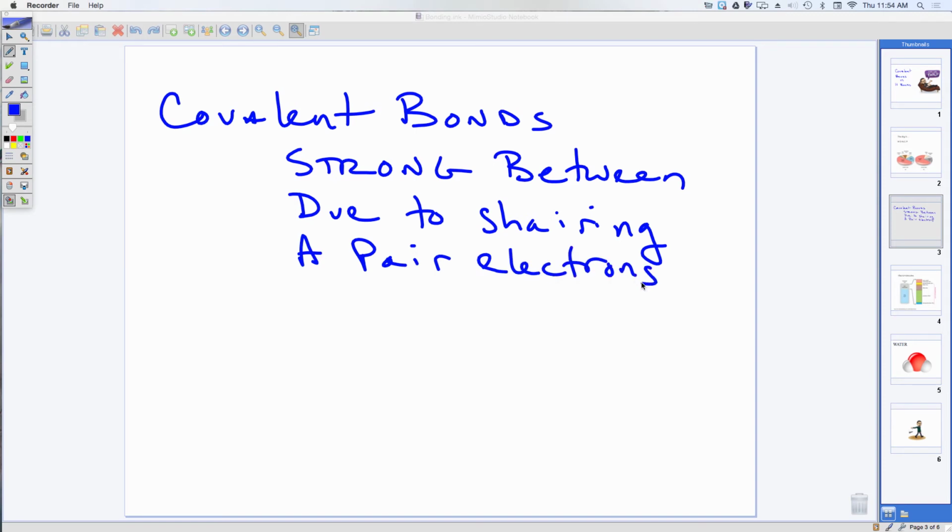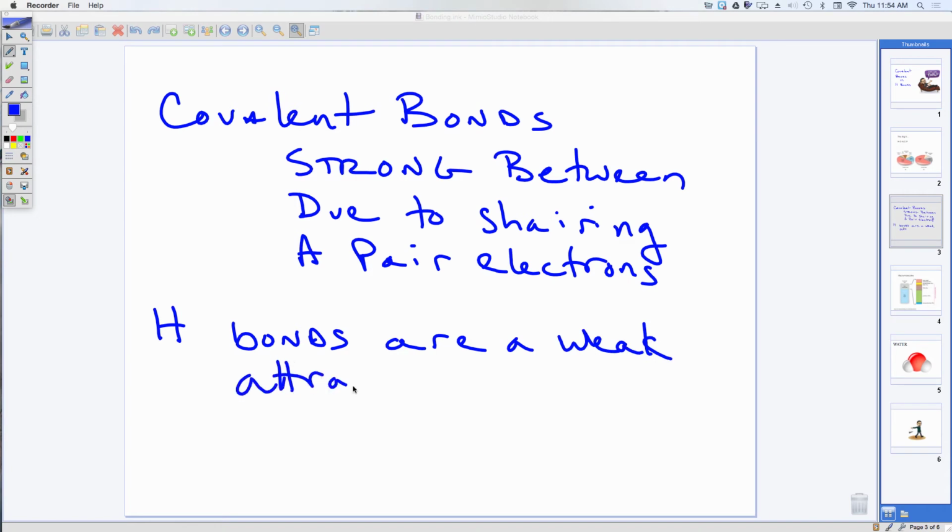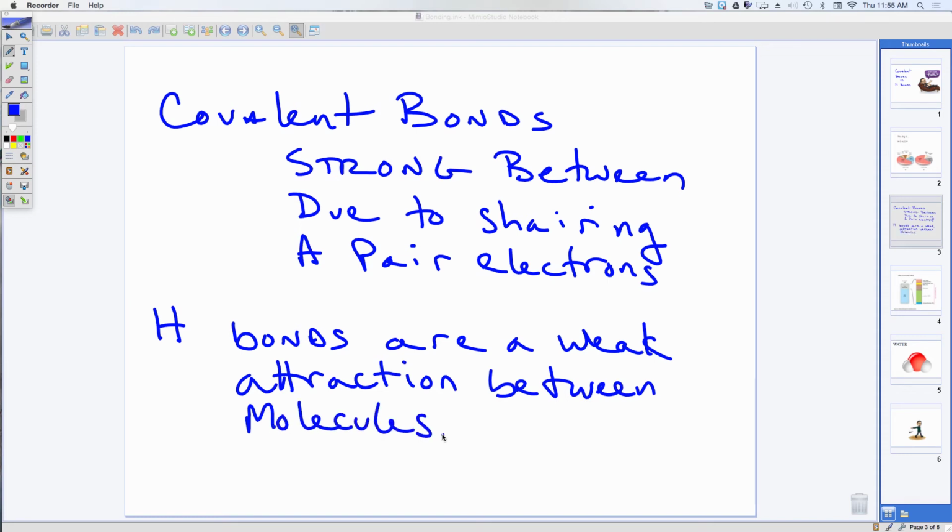In contrast, hydrogen bonds are a weak attraction between molecules. One set of bonds makes molecules, another set of bonds brings molecules close together.